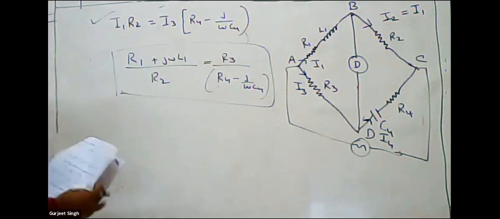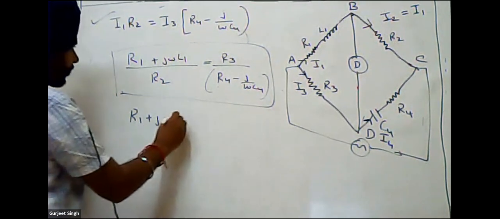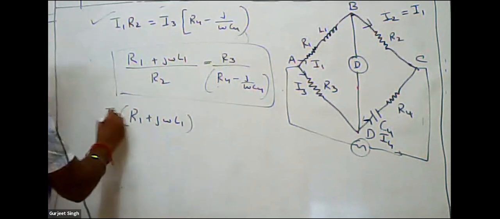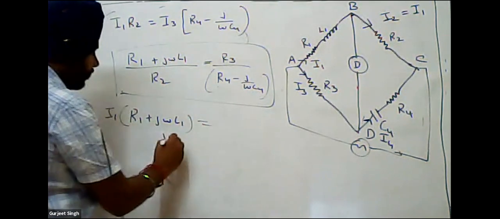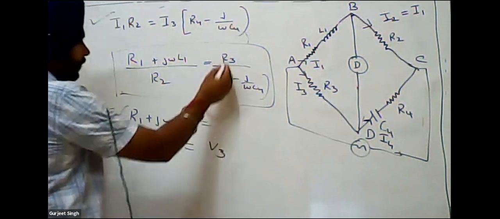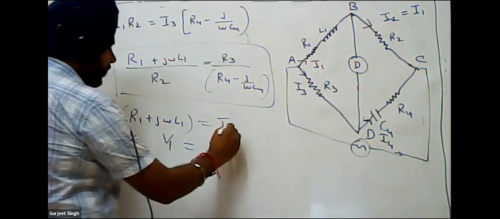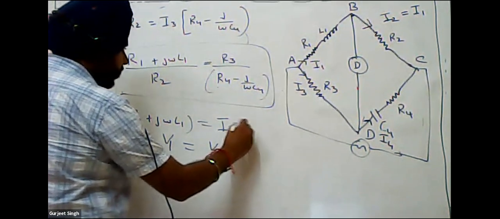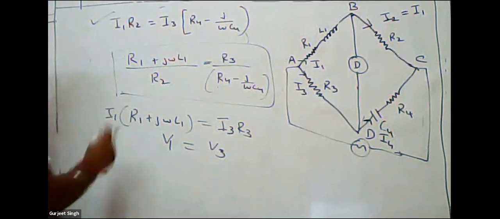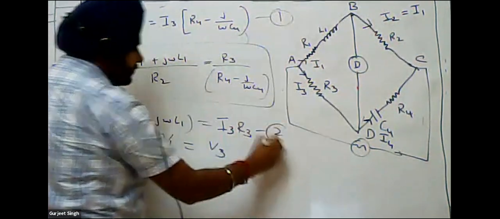Now we will write down the second equation. We have (R1 plus J omega L1) I1 is equal to, this is our V1 voltage, that is equal to V3, which is I3 and R3. So this is our first equation. Second equation is this one.